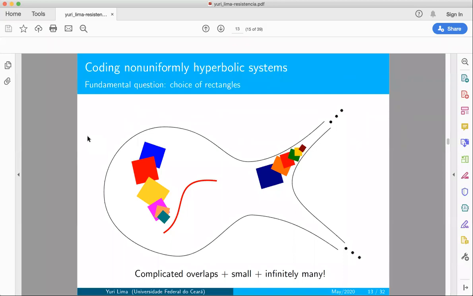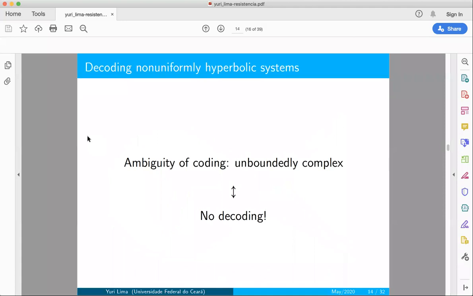And not only that, this shows the difficulty on the coding, which I hope I explained to you at first sight is complicated, is difficult. But not only that, the decoding is even more complicated. Because if you have these complicated overlaps, then it looks like, and you actually do have, a big ambiguity of the coding that is going to be in some sense unboundedly complex.